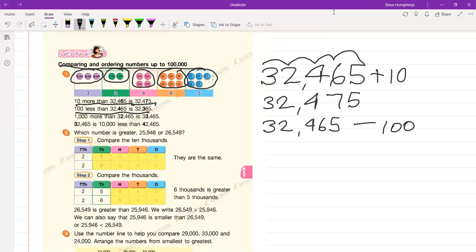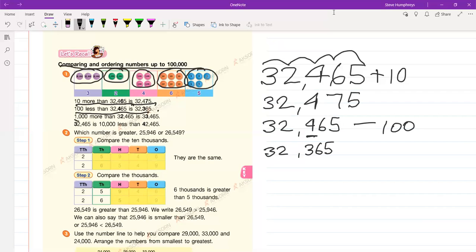You're going to subtract 100 from your hundreds place, which becomes 32,000. 4 minus 1 is 3, so it's 365. So it's 32,365.